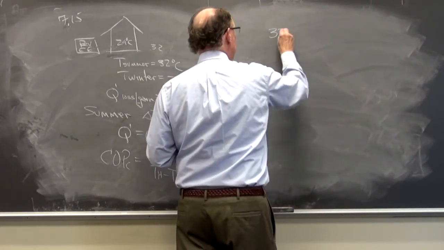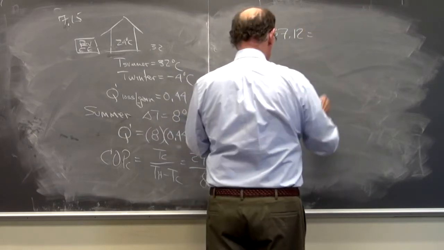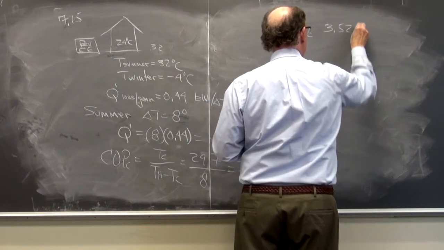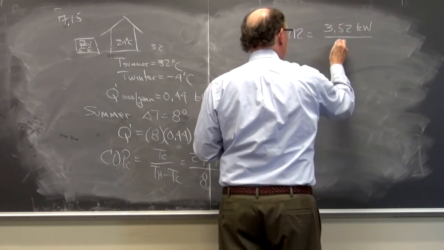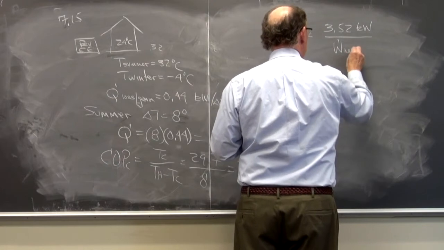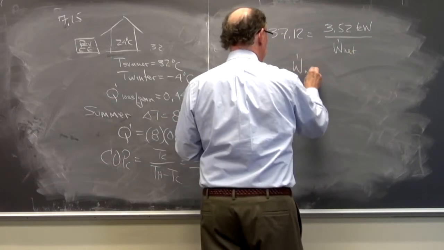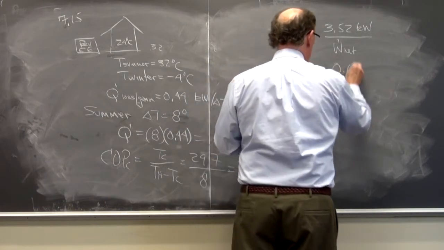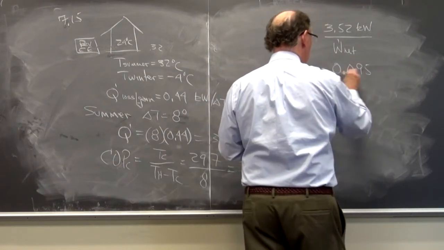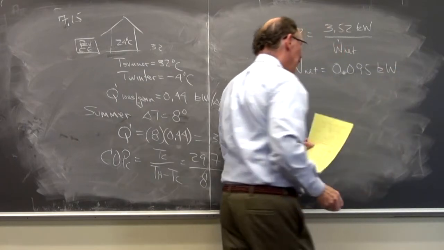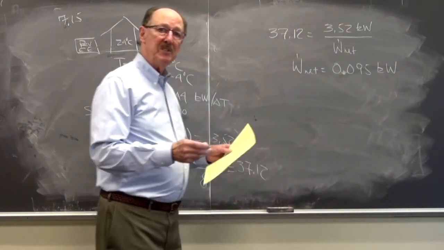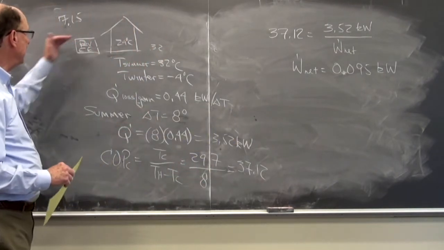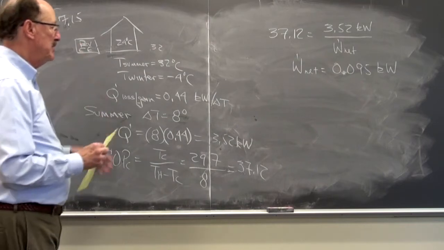So 37.12 is equal to 3.52 kilowatts over W dot net. So W dot net is equal to 0.095 kilowatts. About 0.1 kilowatts is what's needed in the summertime to operate the system. So that's the power that's needed going in to drive this system.